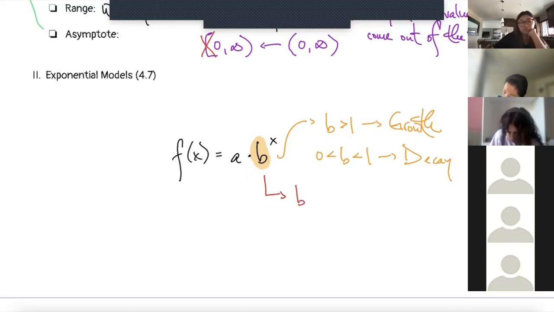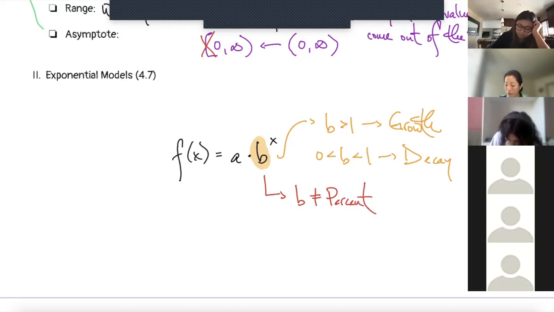b is not going to equal the percent in the word problem. We're going to see a lot of percents in the word problem, but b is not the percent. But if b is not the percent, we should know what it is.